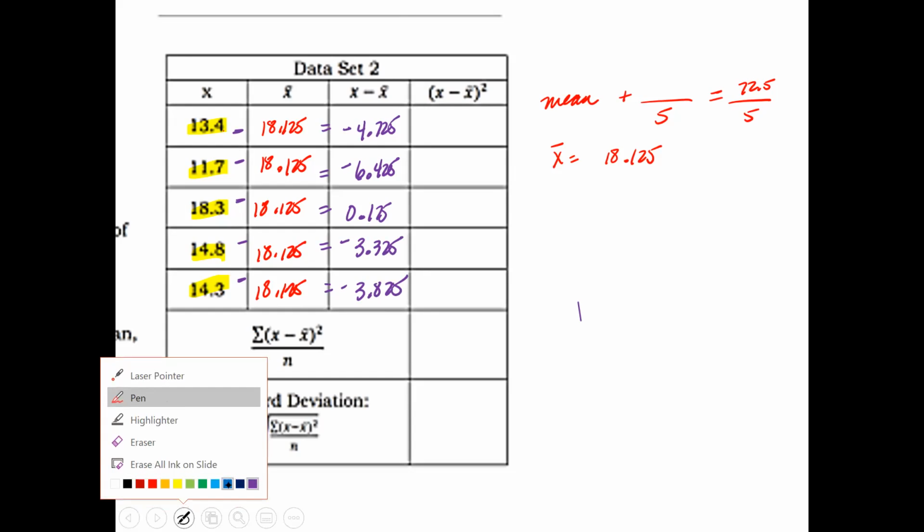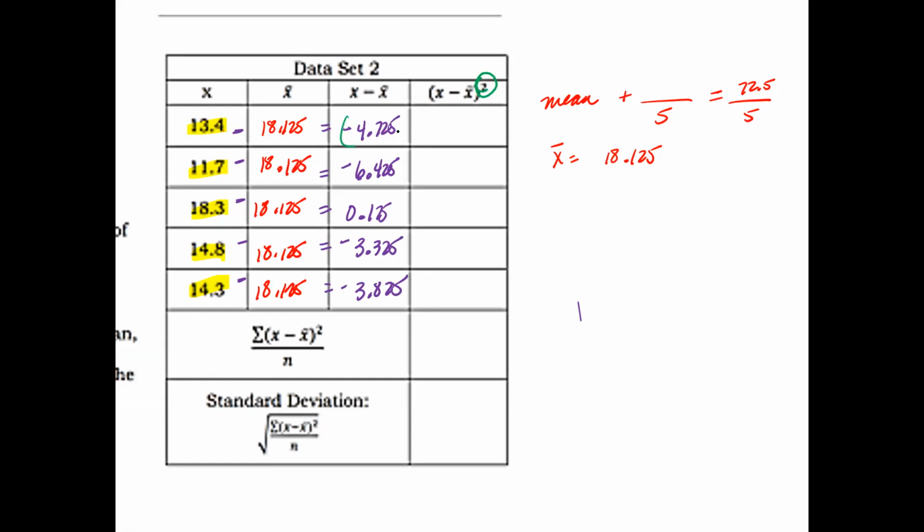Okay, then you're going to take these numbers and square them. So you're going to take this and put a square, which is the same thing as negative 4.725 times negative 4.725. So your first one is going to give you a positive 22.33.